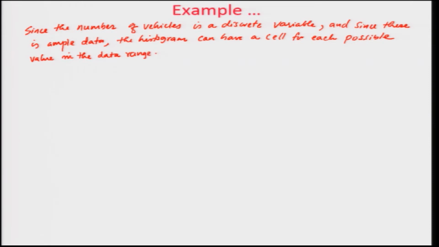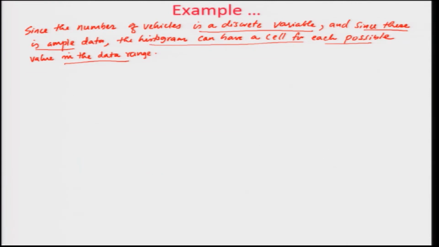So, what we are telling is that the number of vehicles is countably discrete, and since there is ample data, the histogram can have a cell for each possible value in the data range.